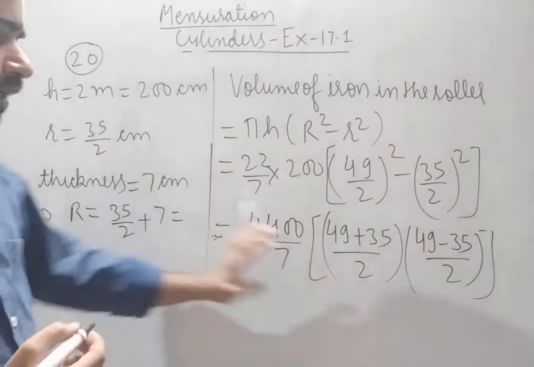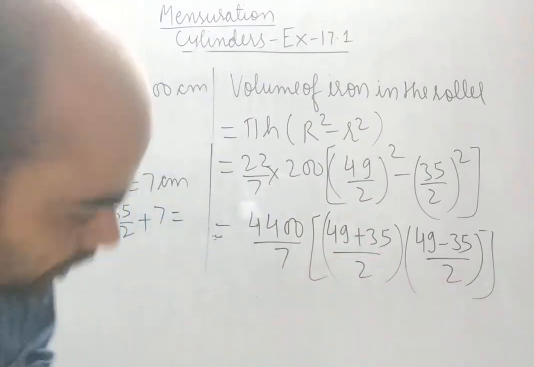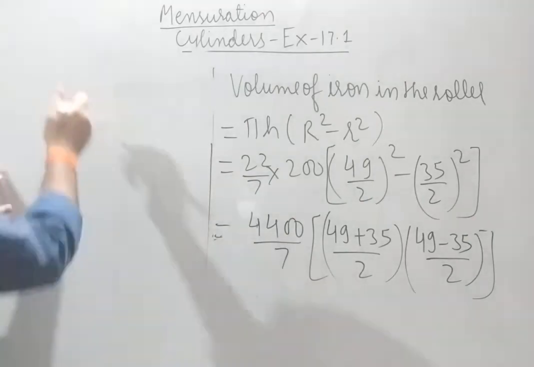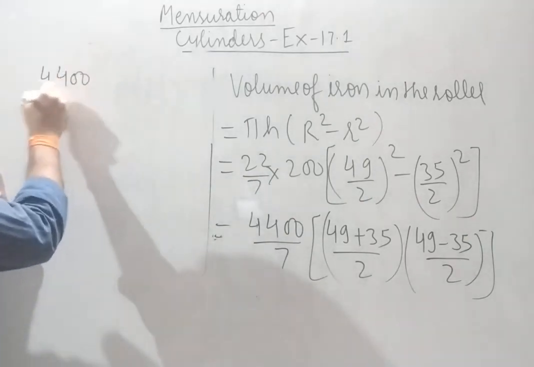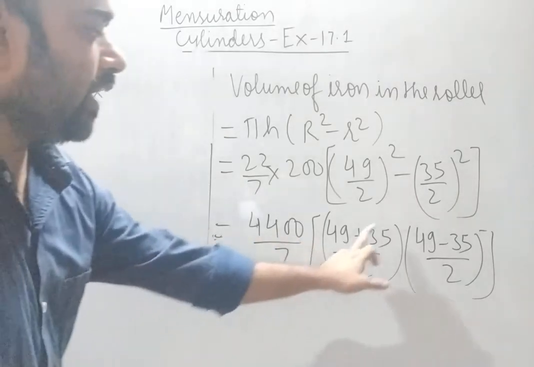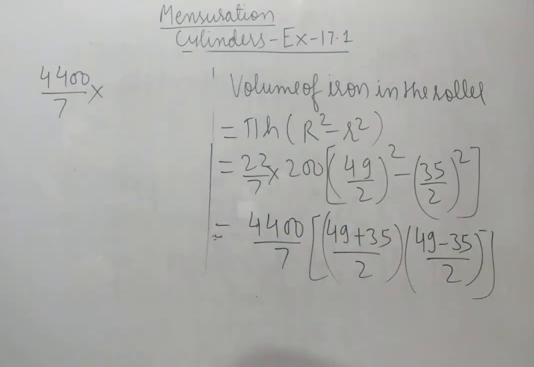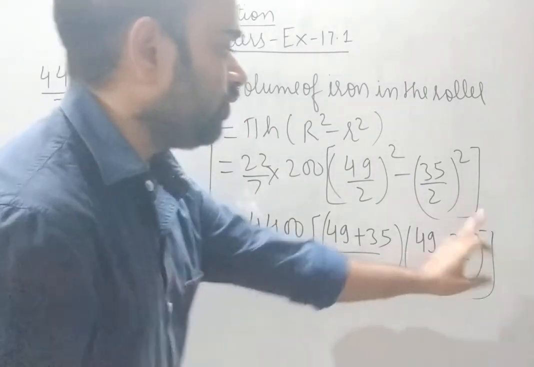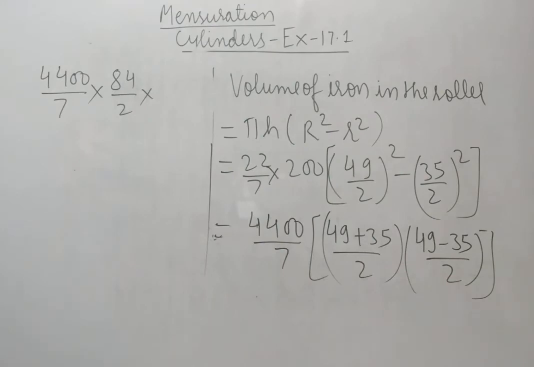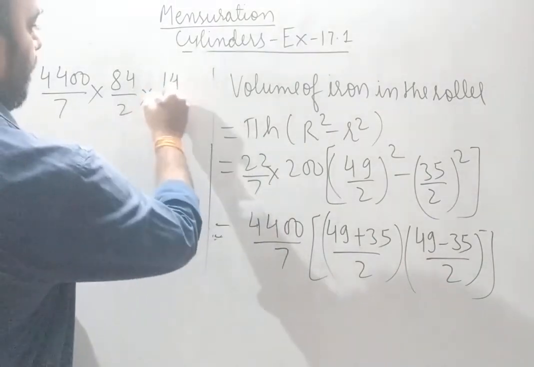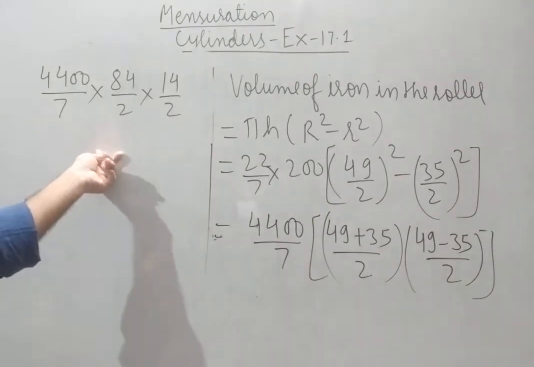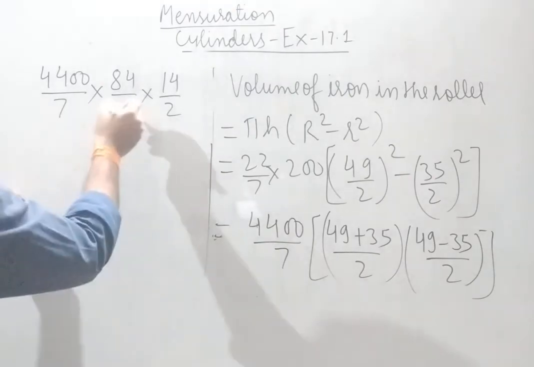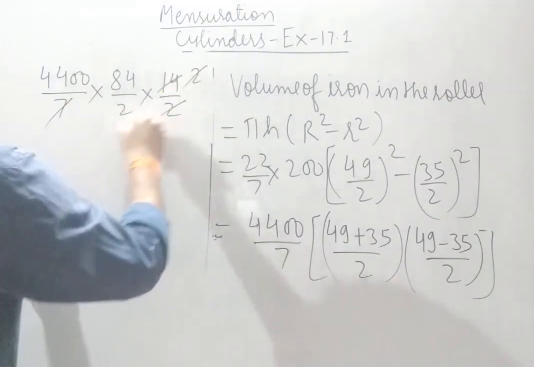Correct? So this will be finally 4400 by 7 into 49 plus 35, that is 84 by 2, correct? And this will be 49 minus 35, that is 14 by 2. Clear? This we are going to calculate. So first of all, 7 into 2 cancel, then 2.